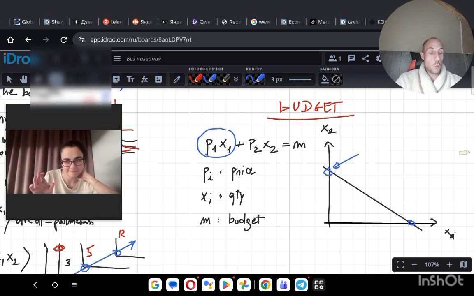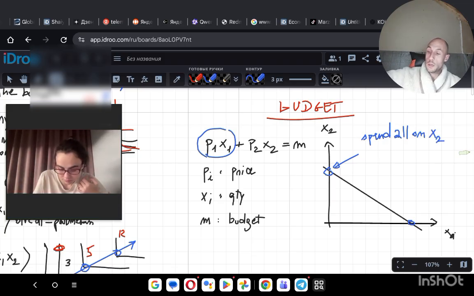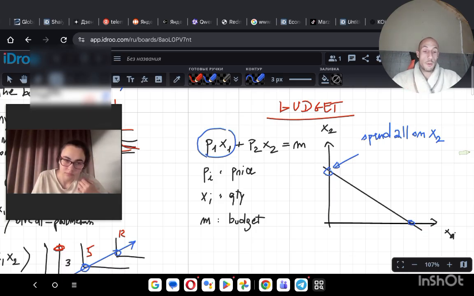This is the situation where you spend all on x2. So how much are you going to buy if you spend all your money on x2?